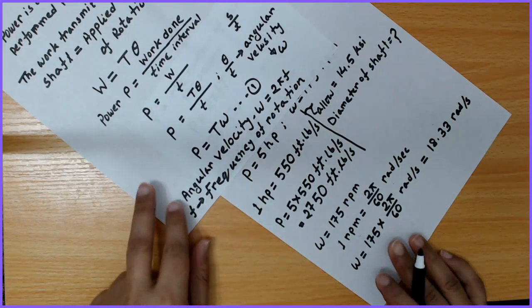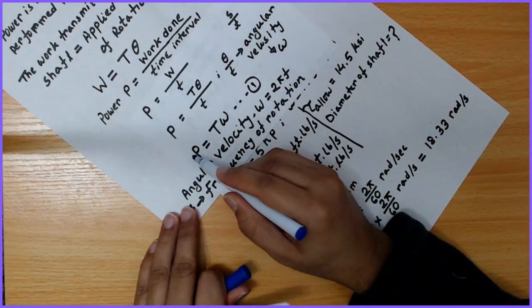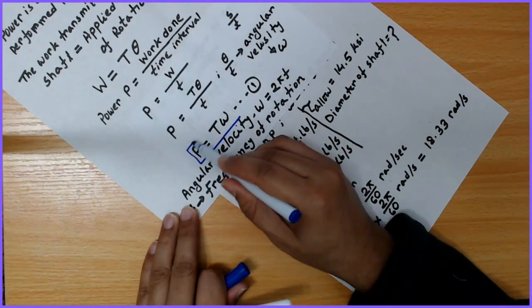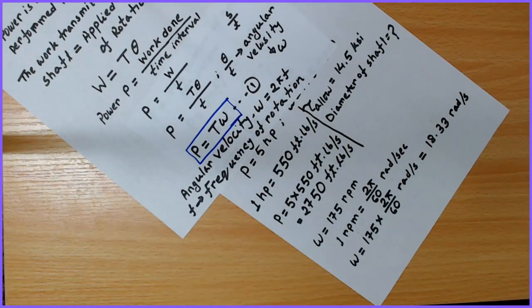Now, just a few minutes ago we learned P is equal to T multiplied by omega.